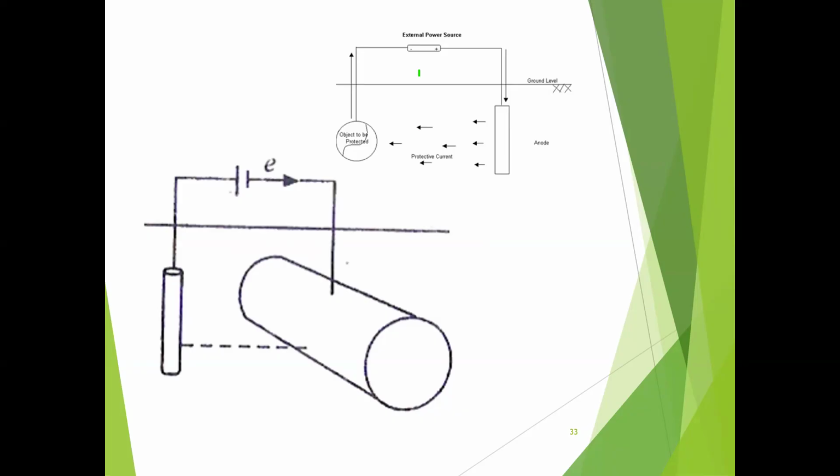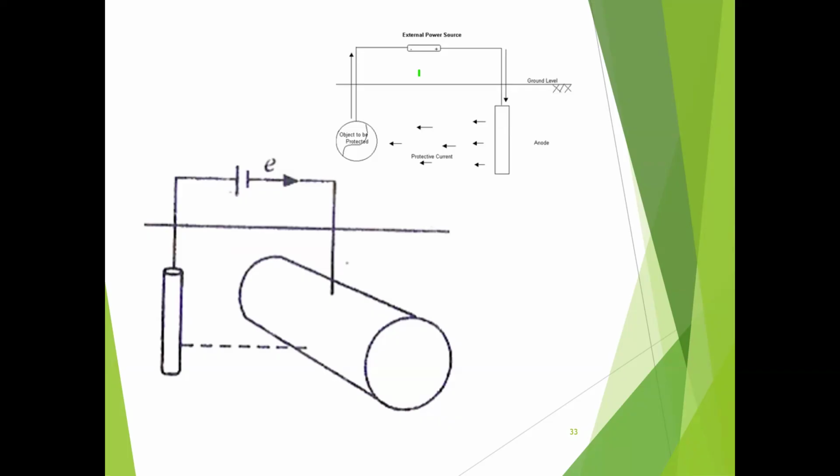So in these two cathodic protection techniques, one is the sacrificial anodic protection technique, another one is the impressed current cathodic protection technique. In sacrificial anodic protection, active metals like zinc are connected to the metal part to be protected. So we are converting the metallic part to act as a cathode.